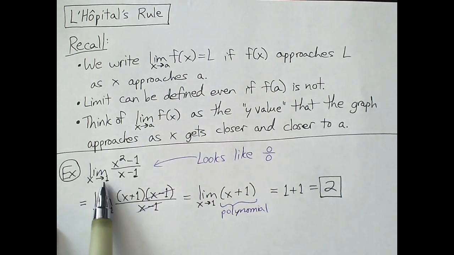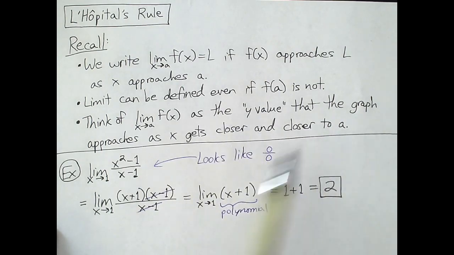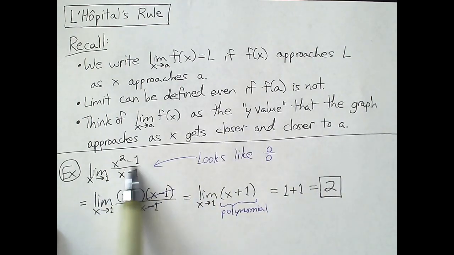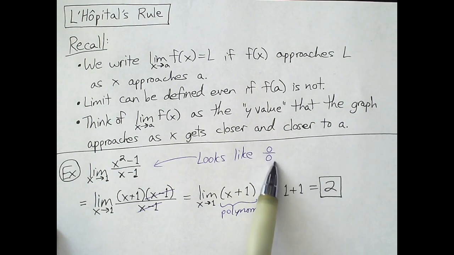So x is approaching 1, but it's not actually equal to 1. There's a difference. It's getting closer and closer to 1, but it's not really 1. So the denominator is not really 0, and in fact, this whole thing evaluates to 2. I'll show you another one.